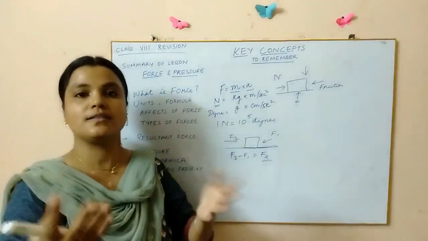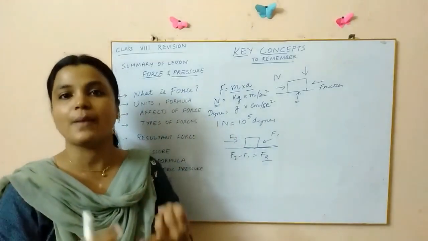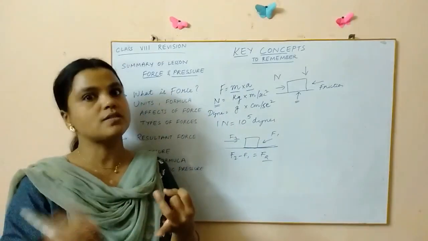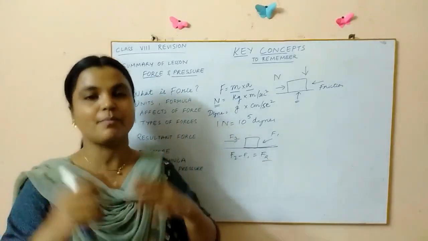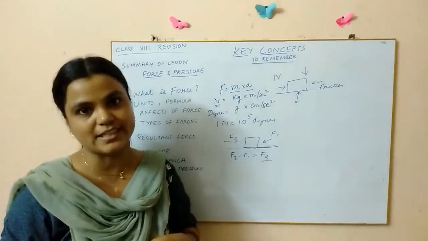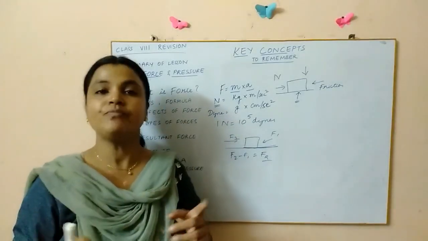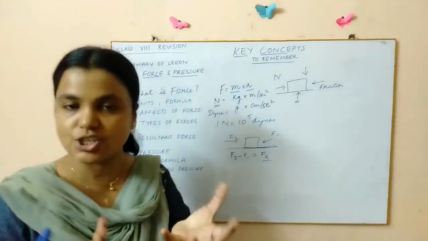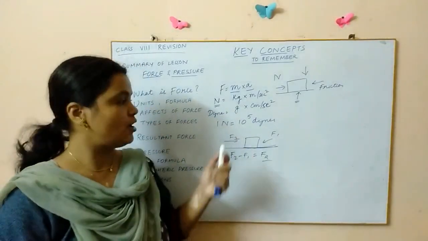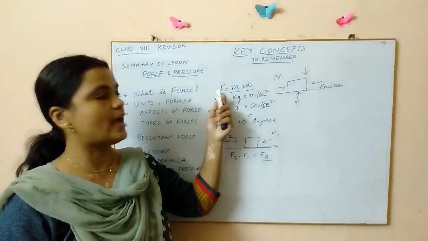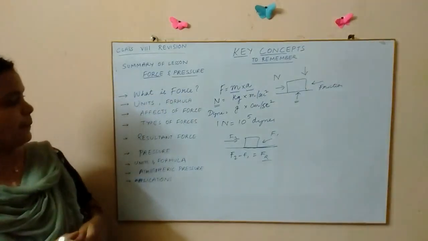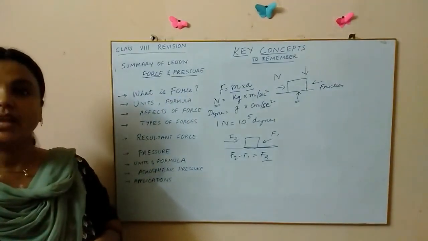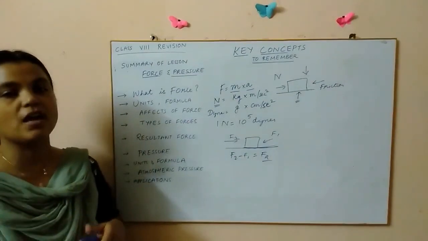Whenever you are describing force, you have to describe its magnitude and also its direction. So that makes force a vector quantity, children. What's a vector quantity? It should have both value, magnitude, as well as direction. Force has a direction as well as magnitude, so it's a vector quantity. That is about force. Now let's talk about pressure.